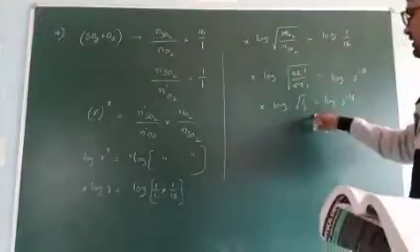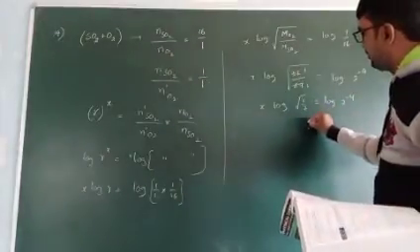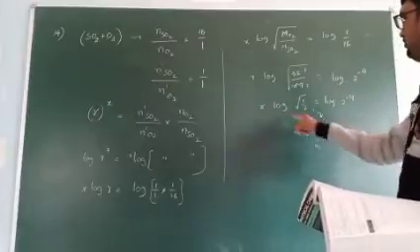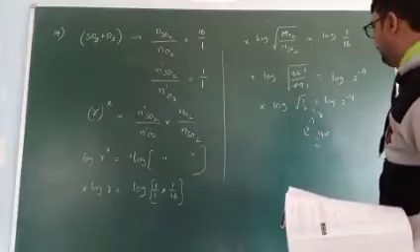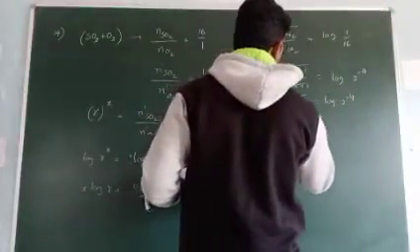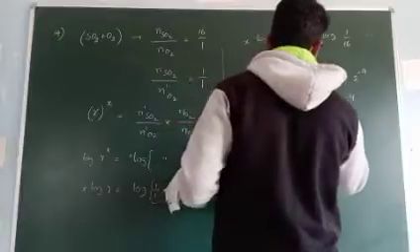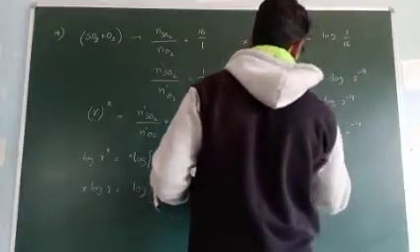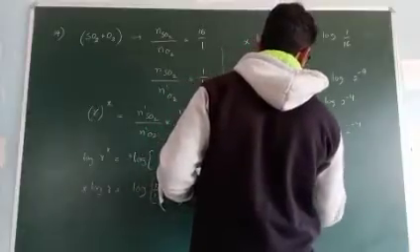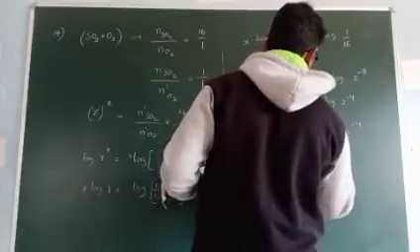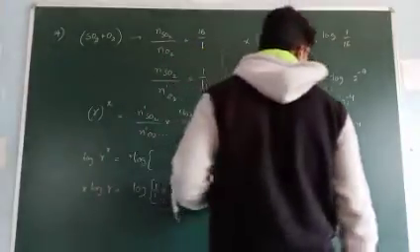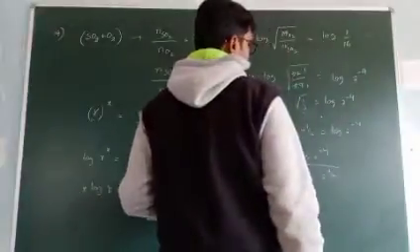Root of 1 by 2 means 2 power minus 1 whole power 1 by 2, that is 2 power minus 1 by 2. So x log 2 power minus 1 by 2 is equal to log 2 power minus 4. So x is equal to log 2 power minus 4 by log 2 power minus 1 by 2. Log a by b means log a by log b.